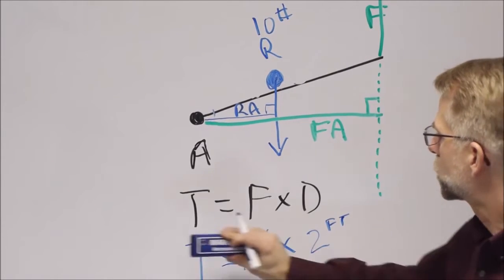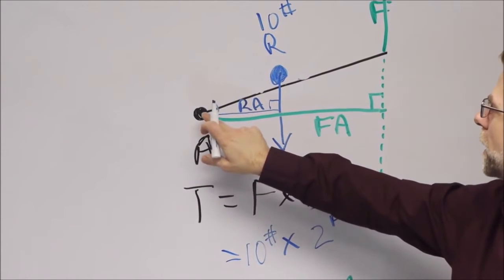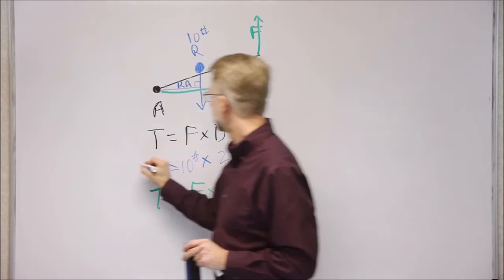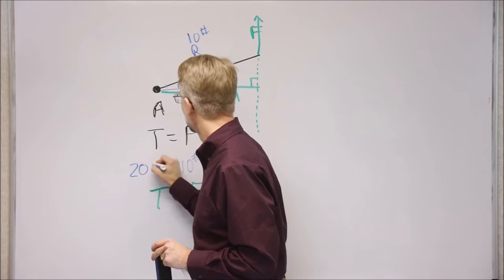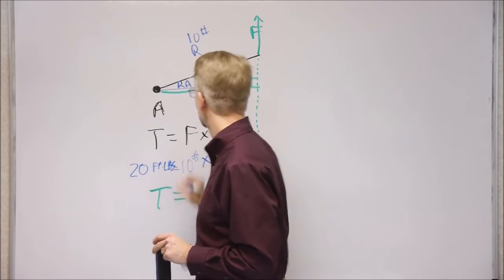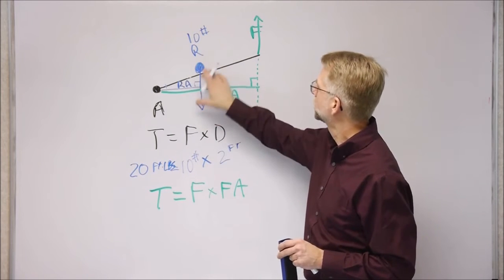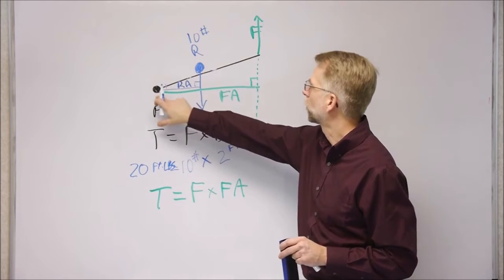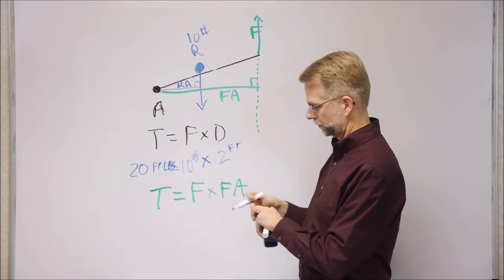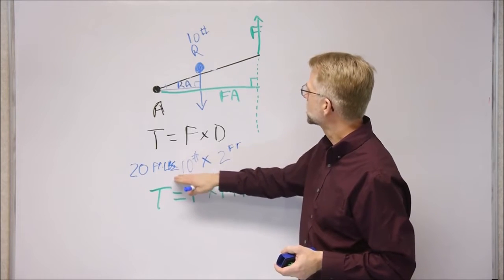Okay, so then the torque created by this resistance acting around this axis, which is the axle of our wheelbarrow, would be 20 foot-pounds. So that's the torque that this resistance is applying around this axis to that lever. So that's the resistance torque.